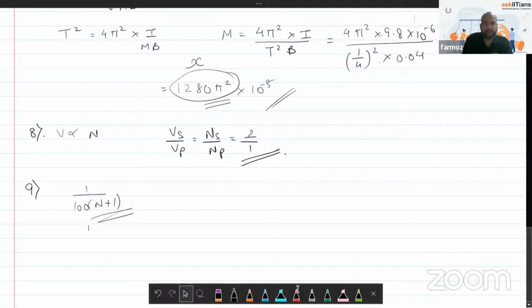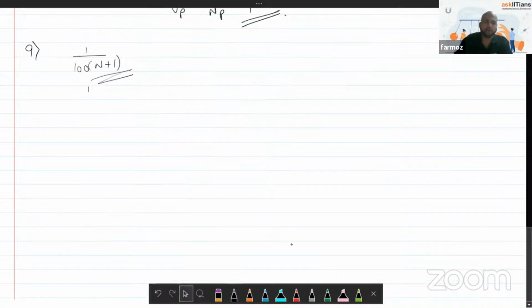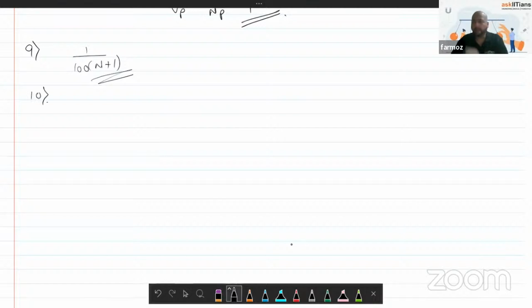Now moving on to the next question, that is question number 10, which belongs to laws of motion. A horizontal force of 10 Newton is applied to a block A as shown in the figure. In the figure, this is your ground, this is block number 1 and this is block number 2.